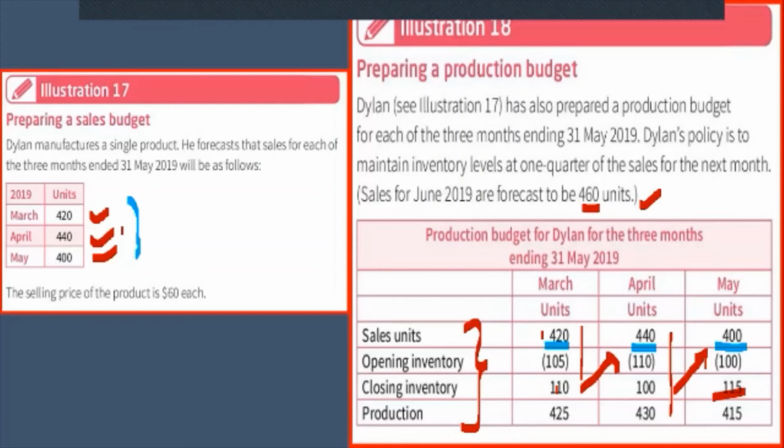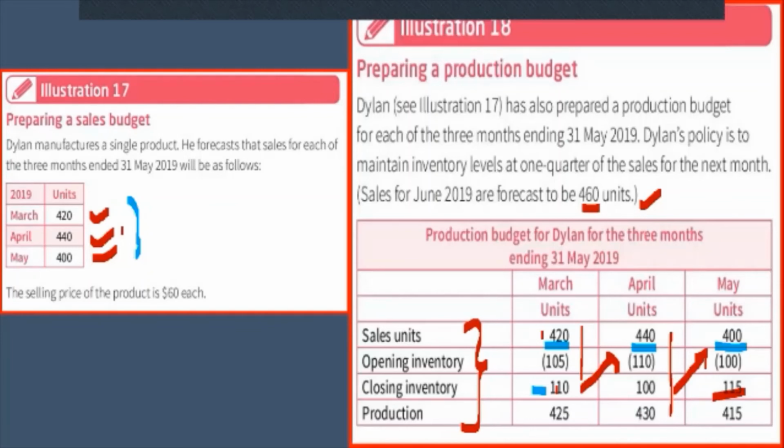So the closing inventory here would be a quarter of this, and we get 110 here. The 105 would have been a quarter of this here.